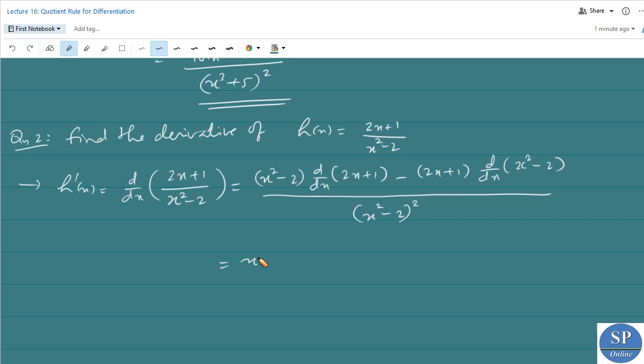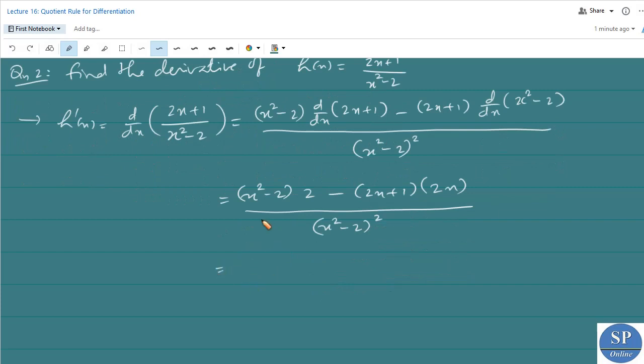So this is equal to x square minus 2 into the derivative of 2x plus 1, which is 2 itself, minus 2x plus 1 into the derivative of x square minus 2, which is 2x, divided by x square minus 2 whole square. So this is equal to multiplying, x square into 2 is 2x square.